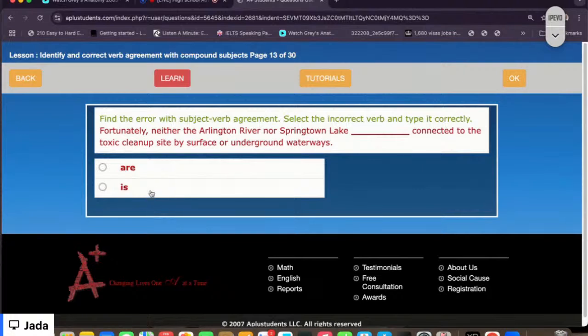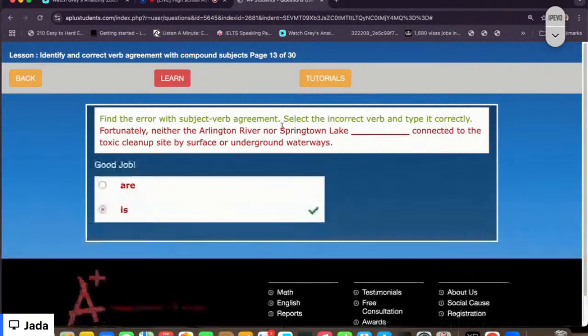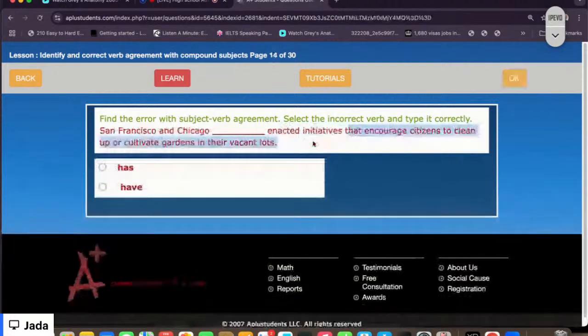So, is connected, because Springtown Lake is just like what? One.